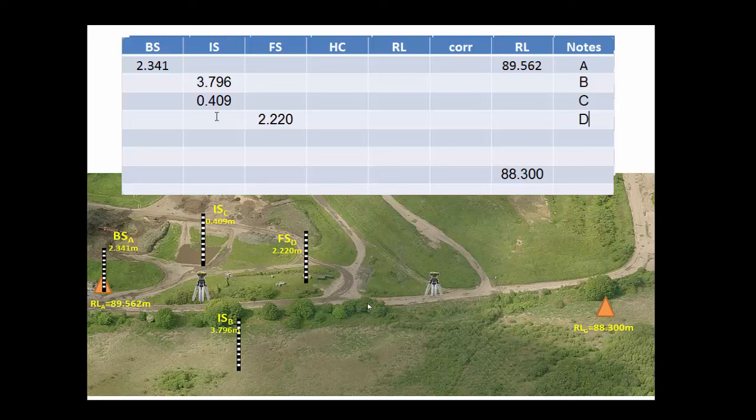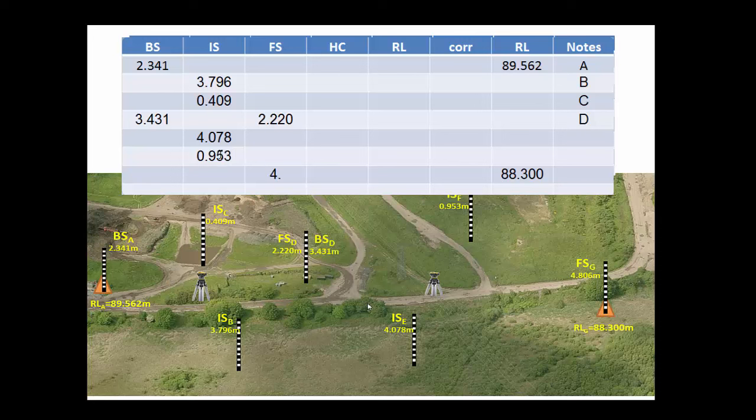Move the level over the other side, and now we take a backsight to D: 3.431. We'll take another intermediate sight at E, 4.078, and another intermediate sight at F, 0.953. All that's left now is to take a final foresight reading to G, and we get a reading of 4.806.